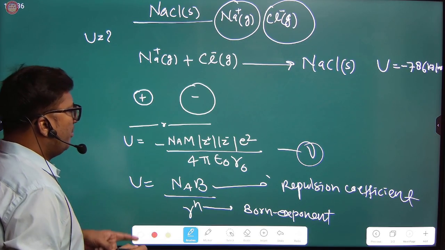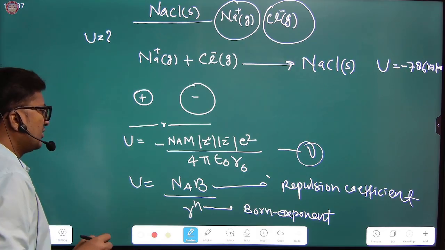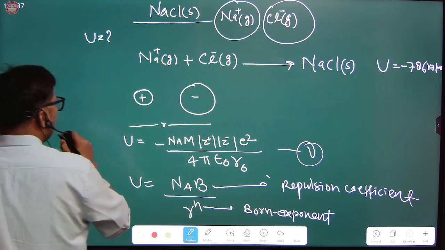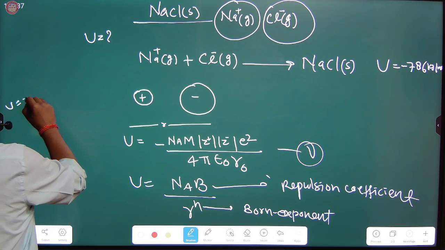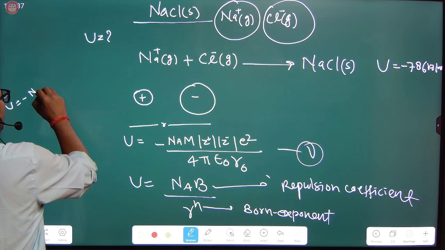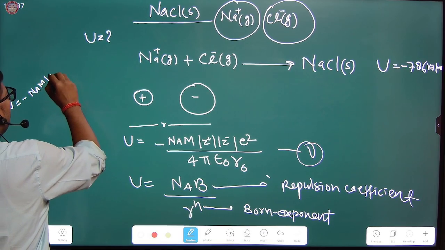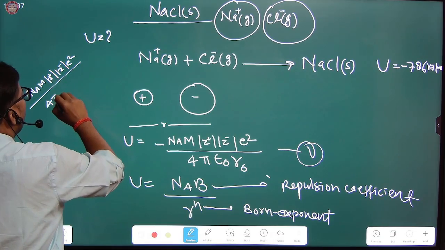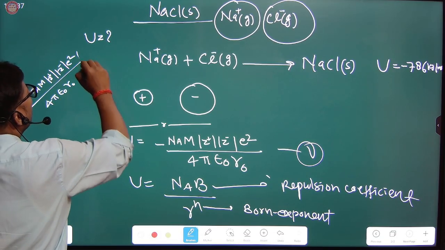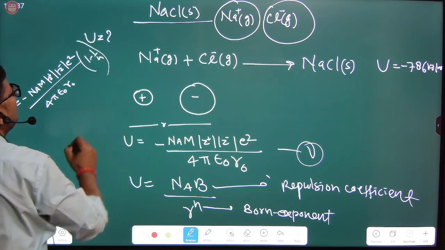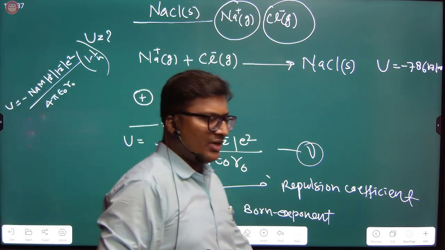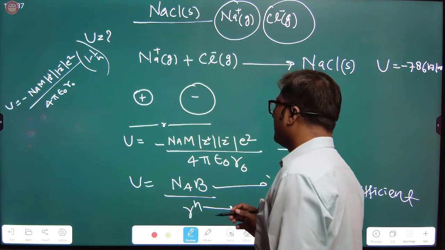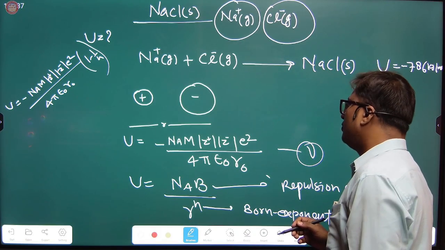So by combining these two equations at room temperature, the final equation is U equal to minus N_A M Z plus Z minus e square upon 4 pi epsilon 0 R0, 1 minus 1 by n, right? So this is the final equation of lattice energy, because in the Born-Landé equation, two terms are involved.